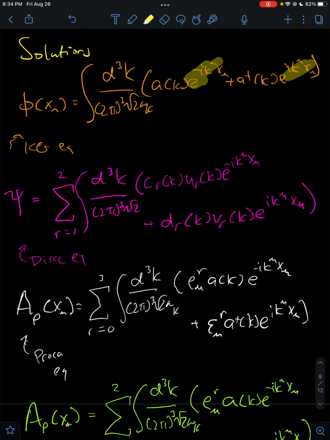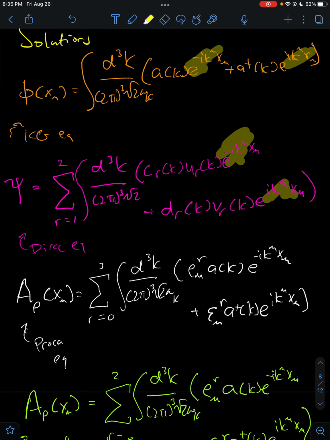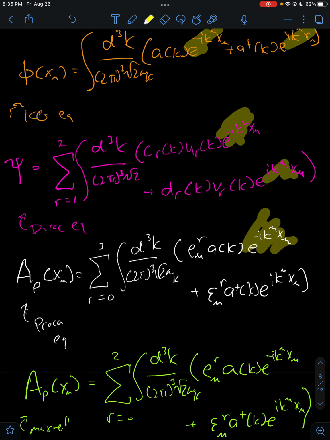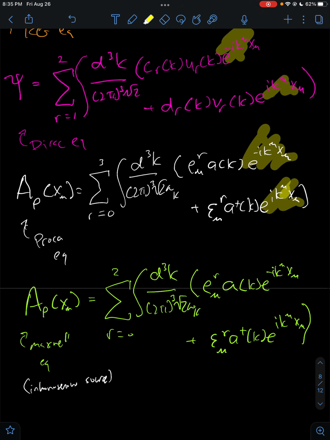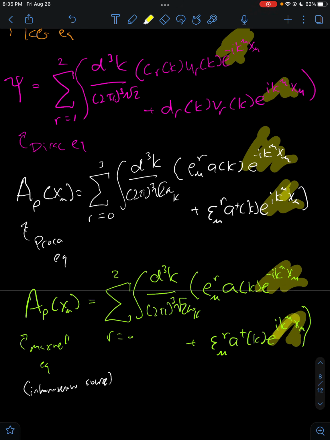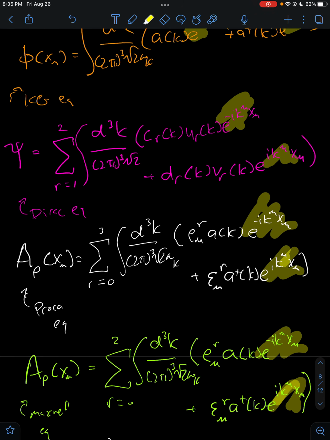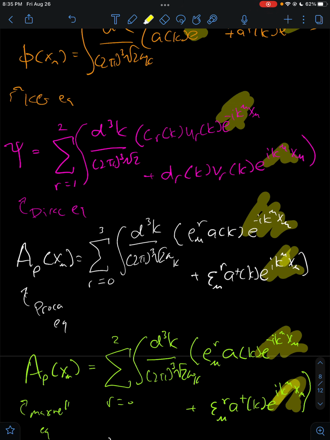And so is the spinor field. So is the Proca field. And the Maxwell field. All of these are superpositions of plane waves, and all of these fields solve the Klein-Gordon equation. The spinor field, the vector gauge fields, they all solve the Klein-Gordon equation.